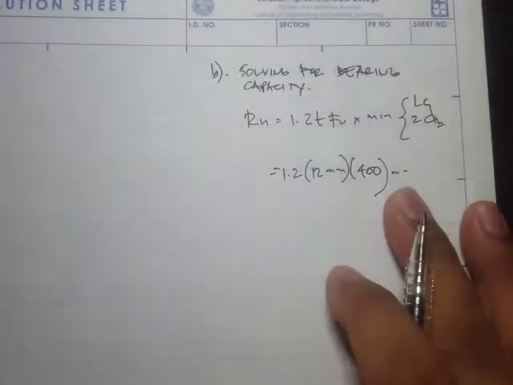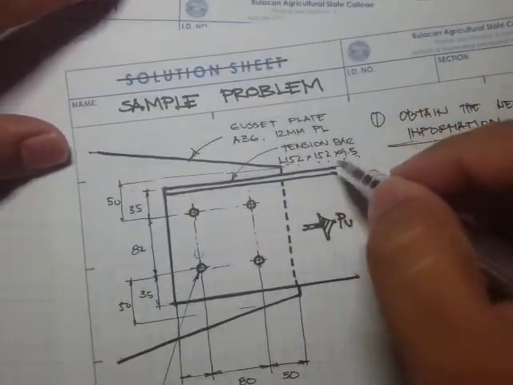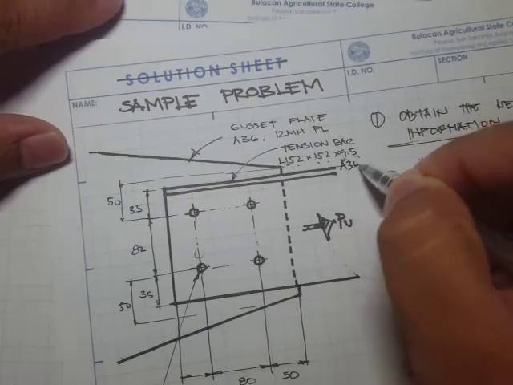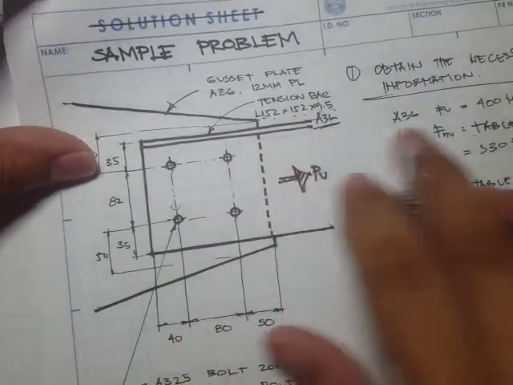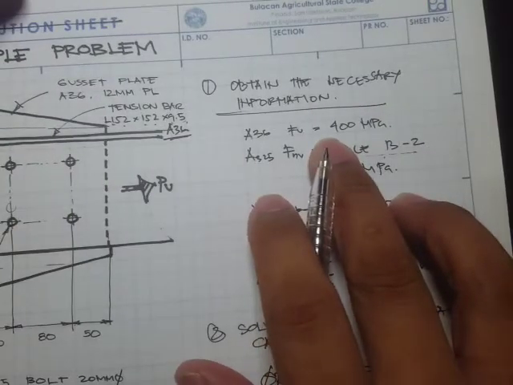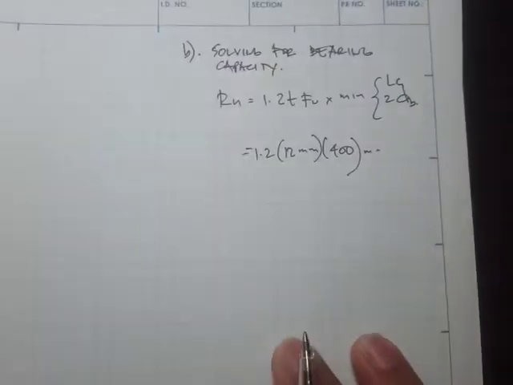By the way, in our bar, I didn't specify if it's A36 or not, so let's just write here it's A36, so that we can use this ultimate tensile strength of 400 megapascals.